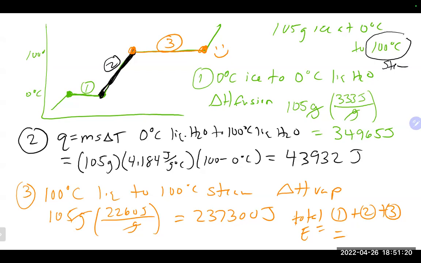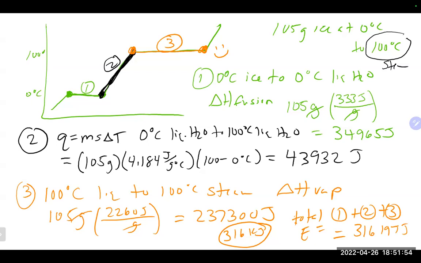For our purposes here, we end up with 43,932 plus, where was our first step there, 34,965, plus the 237,300, roughly 316,197 joules, or if we want kilojoules, about 316 kilojoules of energy is needed to do that entire process, to take it through the different phases.